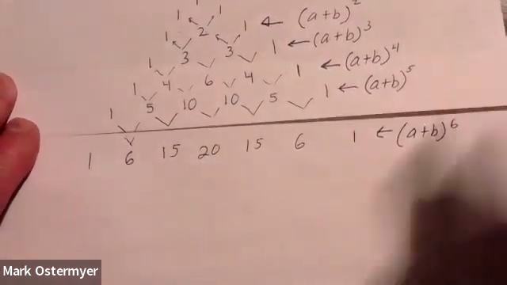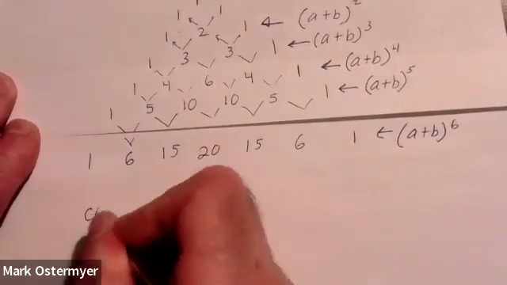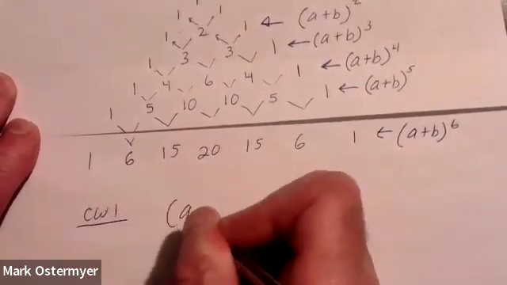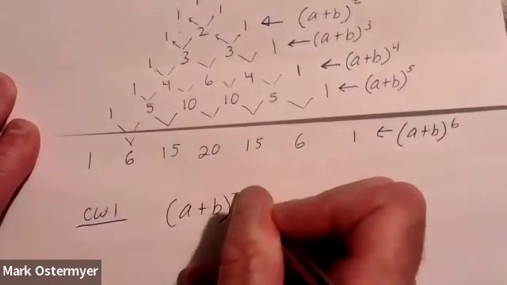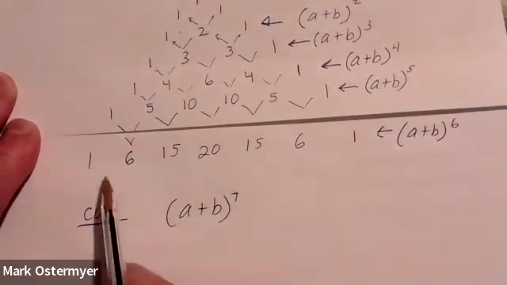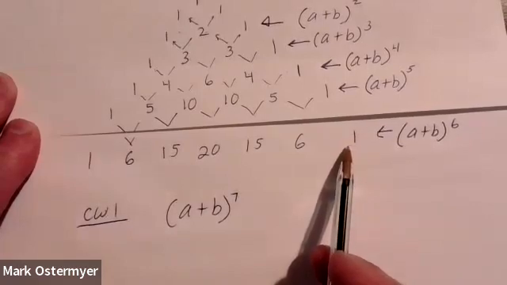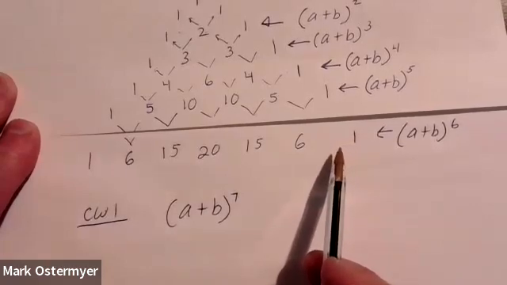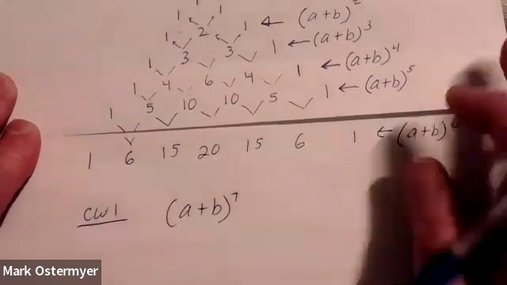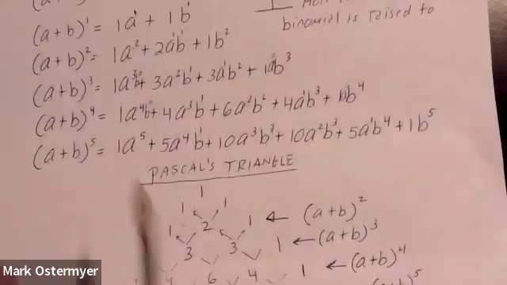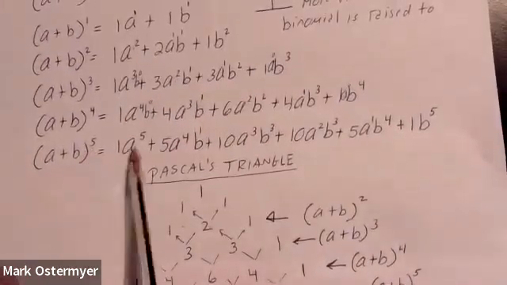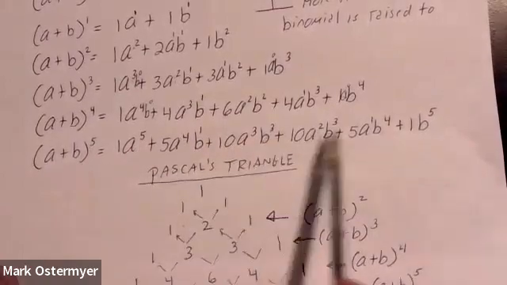Now, here's what I want you to do for classwork number 1. I want you to raise a plus b to the seventh power. So you're going to have to go down one more row with Pascal's triangle to find out what the coefficients have to be. But just remember what happens to a and b again, ladies and gentlemen. A always starts out with the power of the binomial, and then its power decreases by 1.